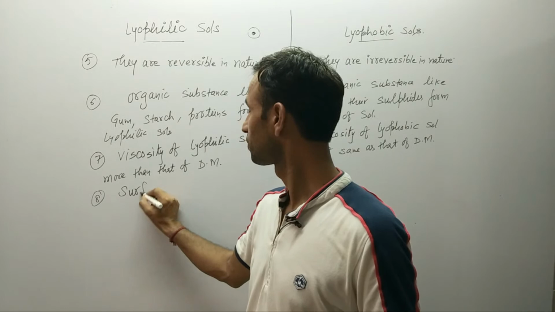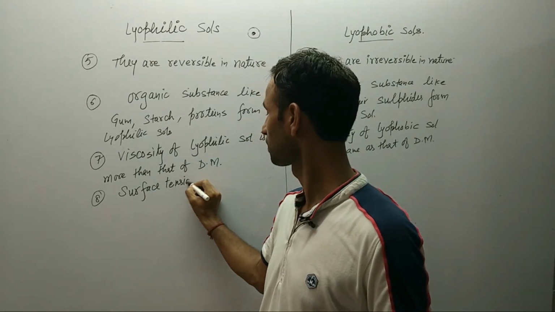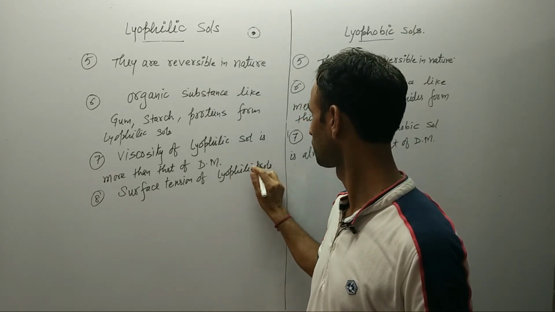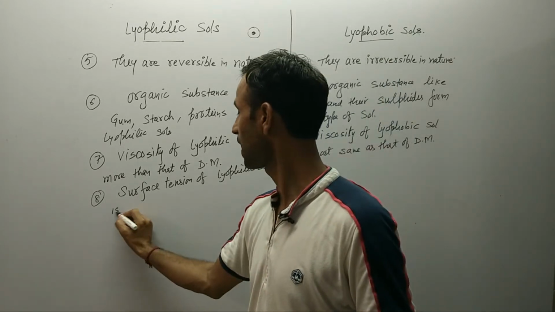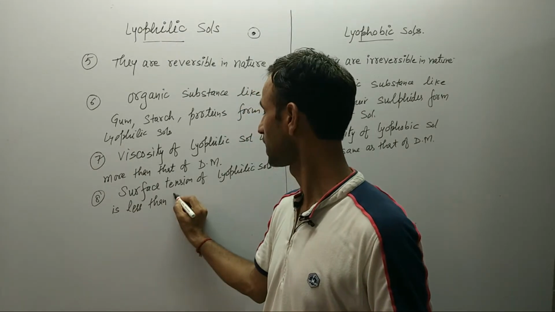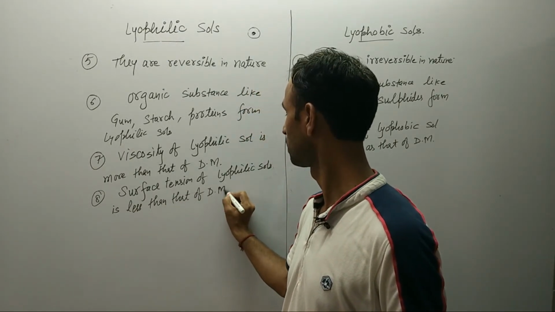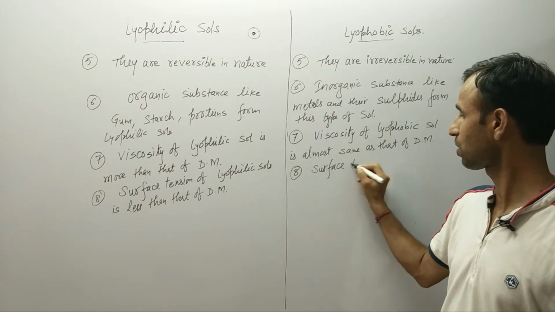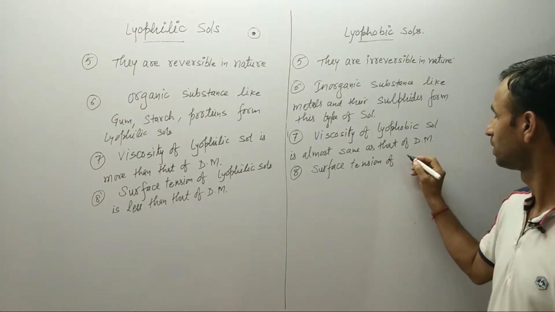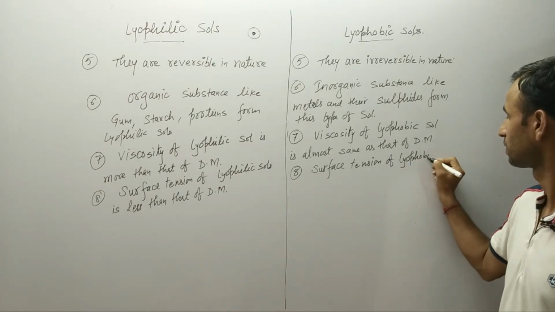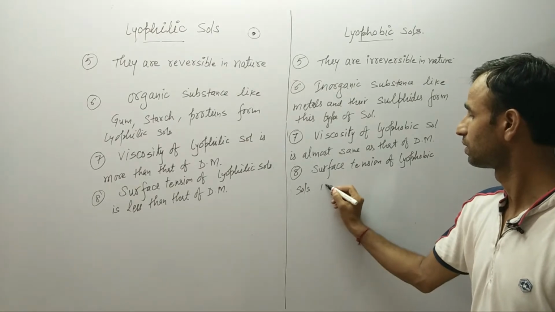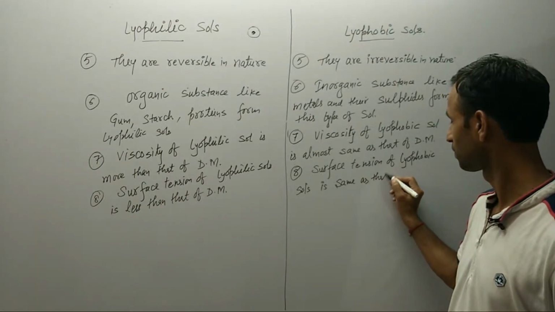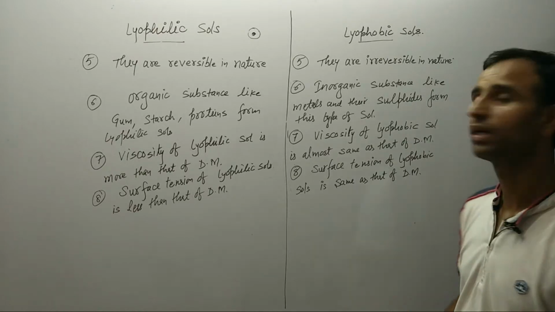Therefore the surface tension of lyophilic sols is less than that of the dispersion medium, but the surface tension of lyophobic sols is the same as that of the dispersion medium.